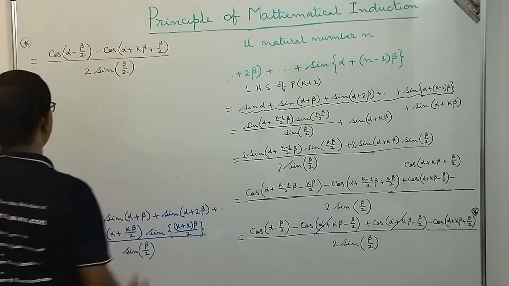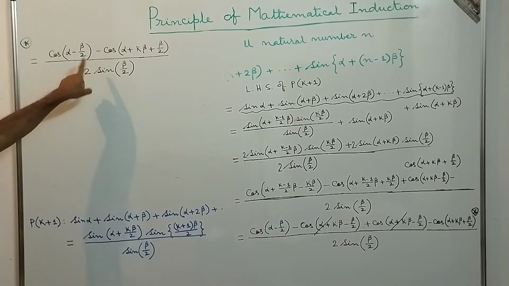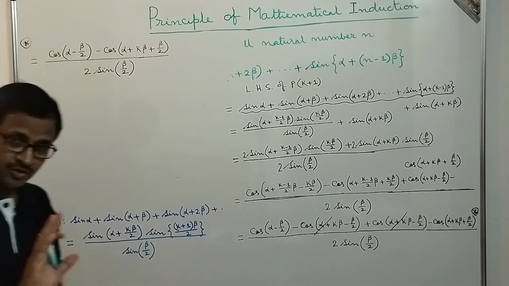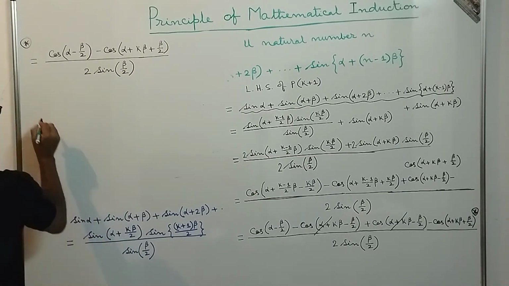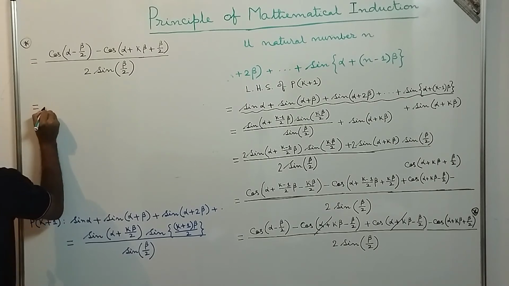Correct? Now in the numerator we get the formula for cos c minus cos d, or cos x minus cos y, the way you want to remember. So what is that formula, dear students?